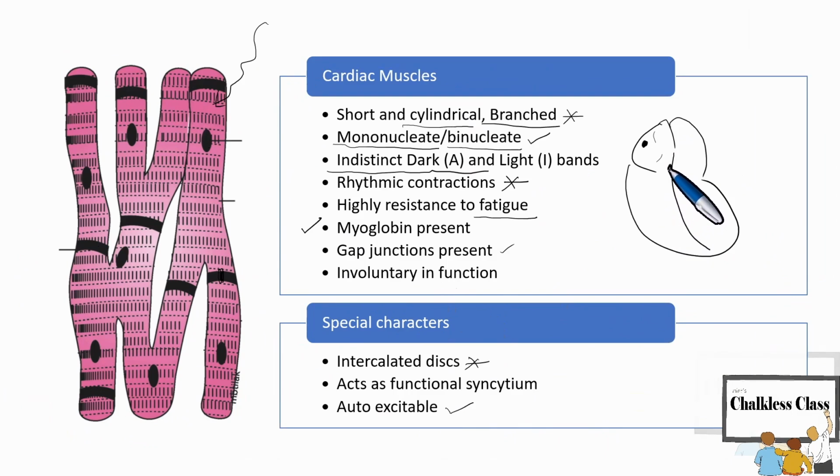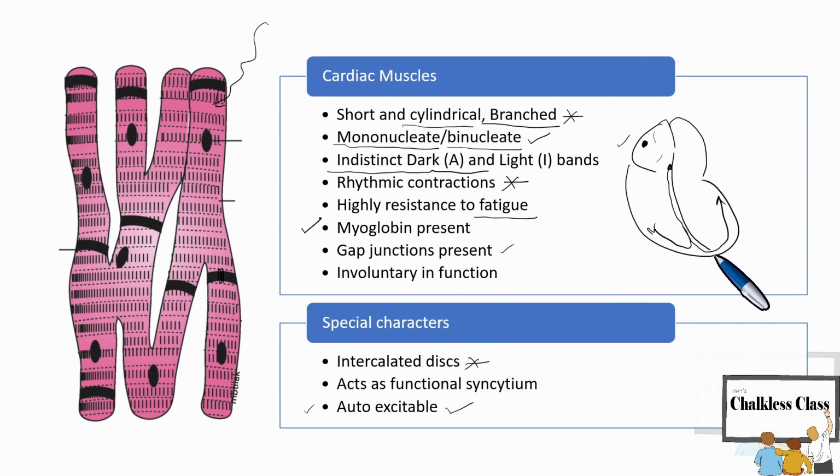From here, this impulse is conducted by the bundle of His to the Purkinje fibers, and these Purkinje fibers are distributed throughout the ventricle. Thus, the conducting system of the heart is auto-excitable. The conducting system includes the SA node, AV node, bundle of His, and the Purkinje fibers.